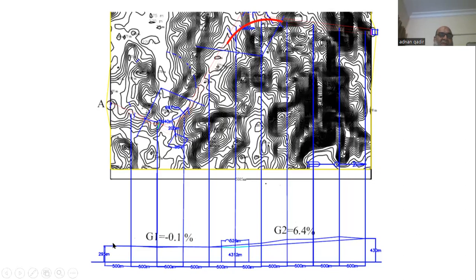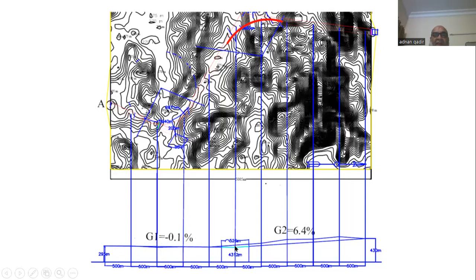So once we draw, for this sample, we have taken two curves, actually, one vertical curve, just to explain the vertical curve. So I've taken the center line. This is my VPI, and the difference of elevation at this point and this point, multiplied by 100, will give me the value of grade G1, that is negative.